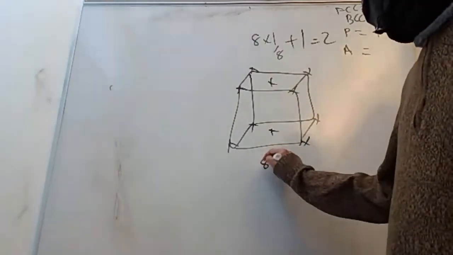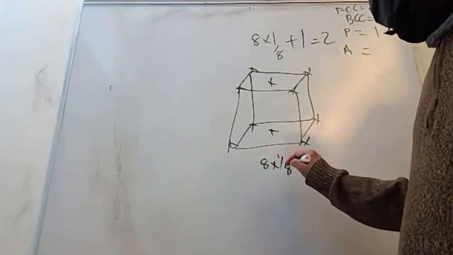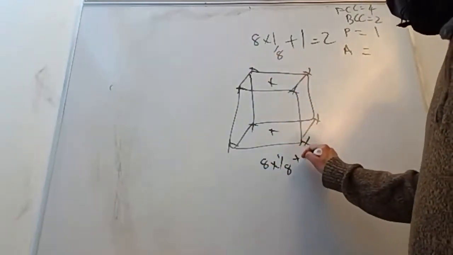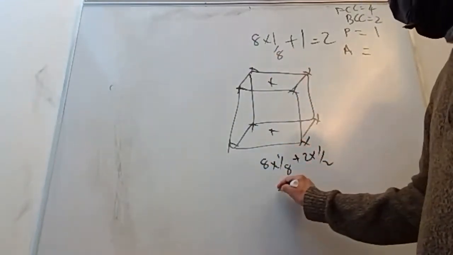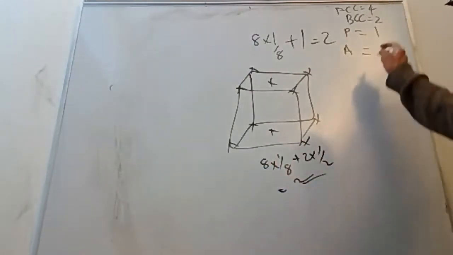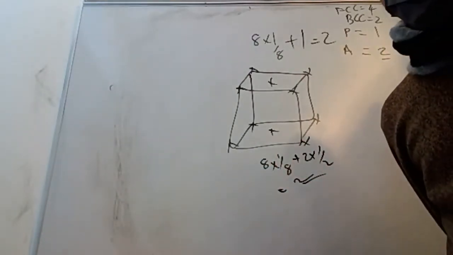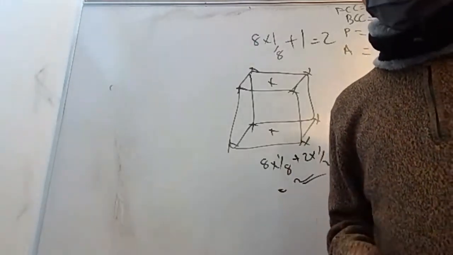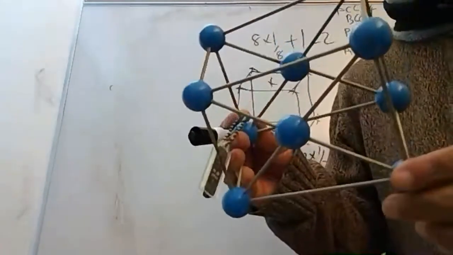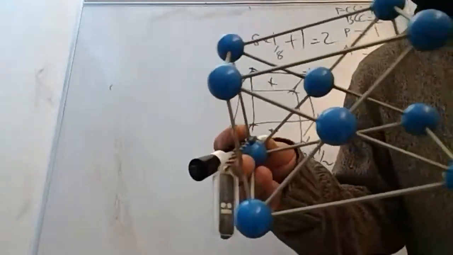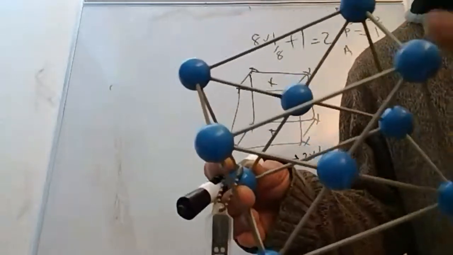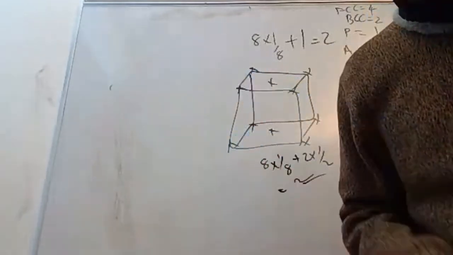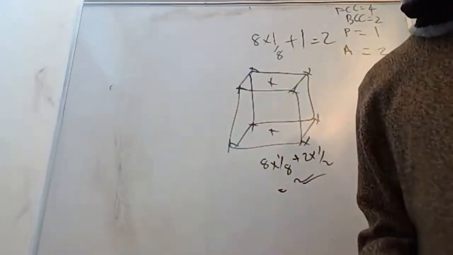In a side-centered cell, again, I have 8 times 1/8 corners, plus there are only 2 atoms on the centers of the faces, so that makes it 2. So side-centered gives you 2. So if you have a side-centered cube like this, the effective number of atoms this cube has is just 2, only 2 atoms' weight. Am I making sense here?